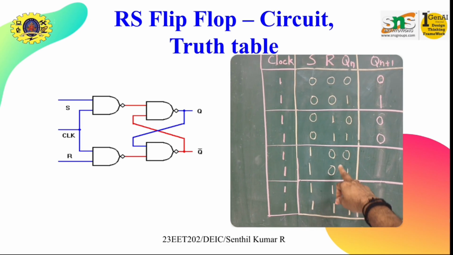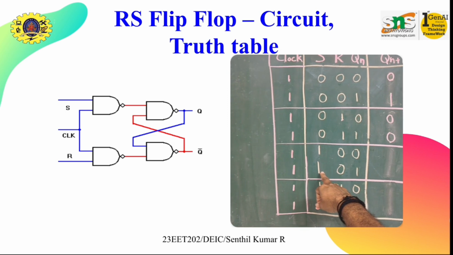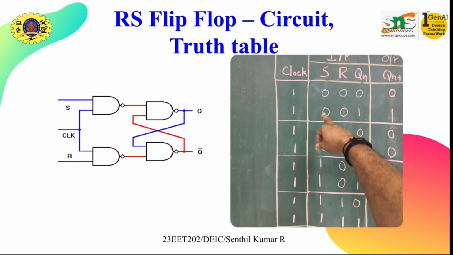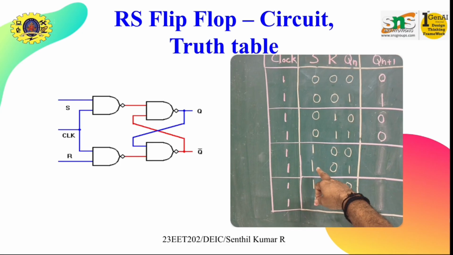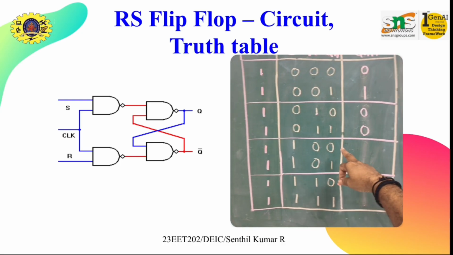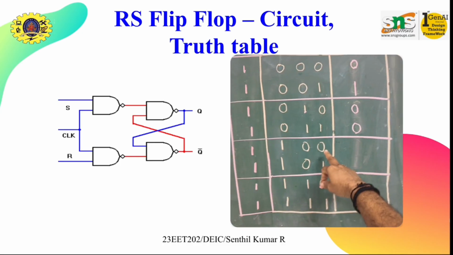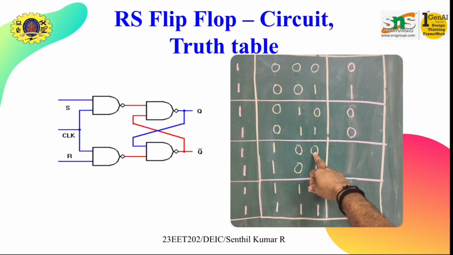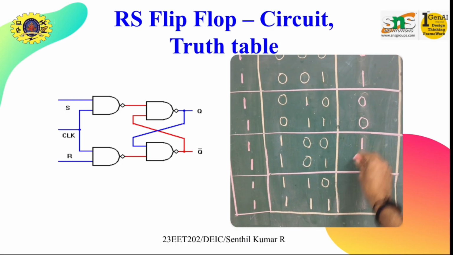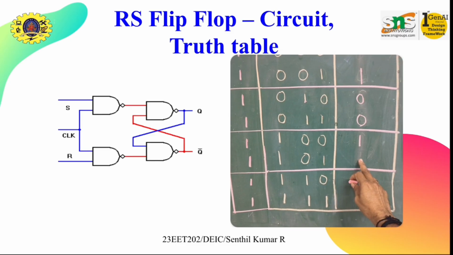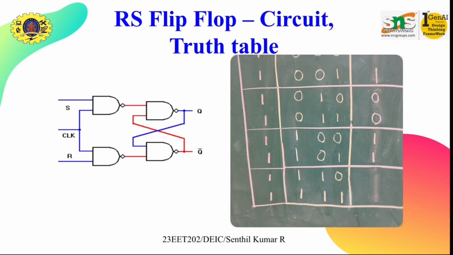In the third column, S is 1, and when set is 1, the output is 1, whatever the assumed value. When the assumed value Qn is 0, Qn plus 1 is 1, and when Qn is 1, Qn plus 1 is 1, which is set.